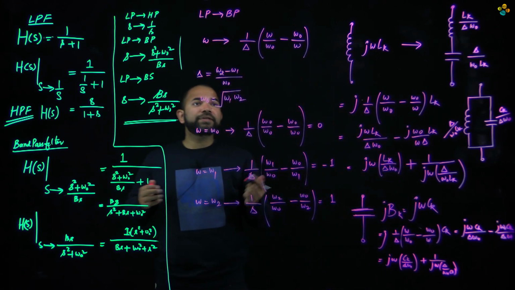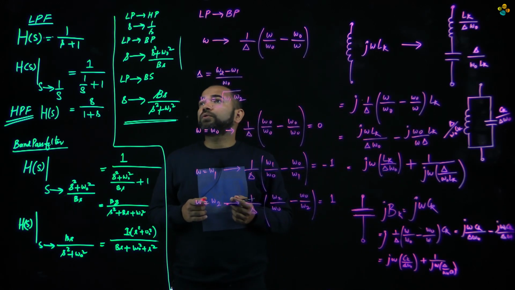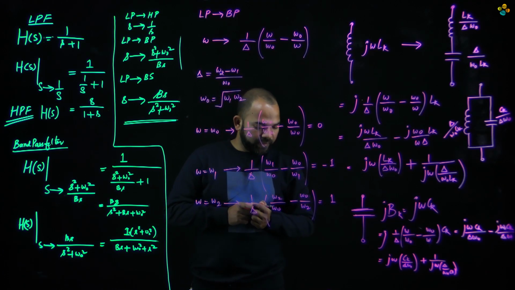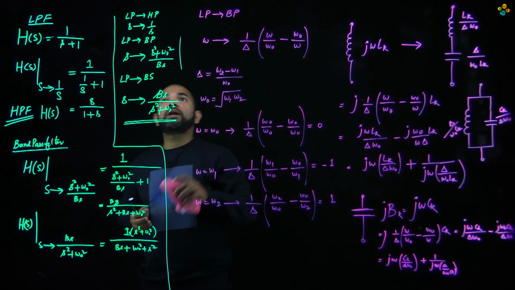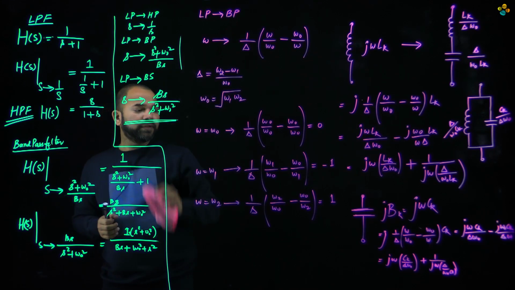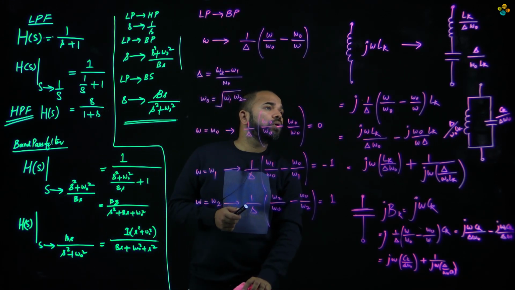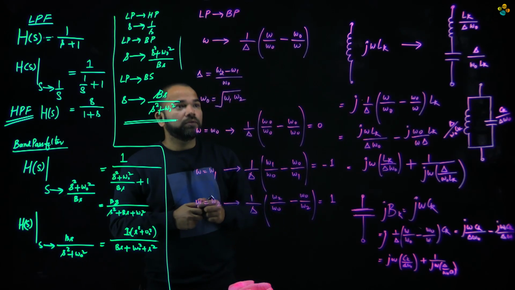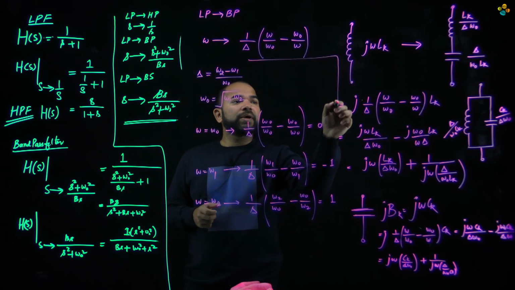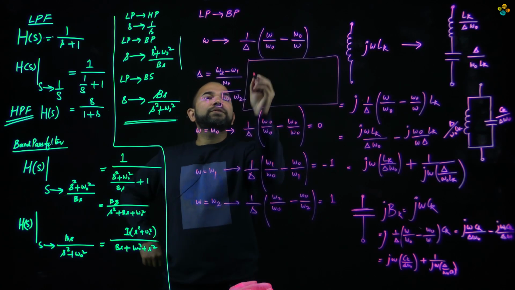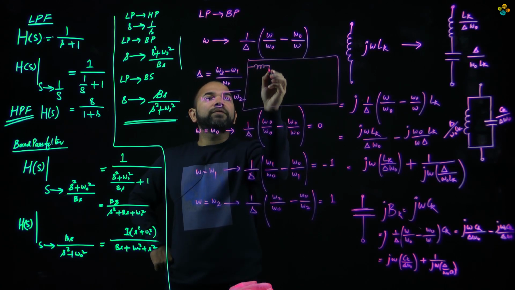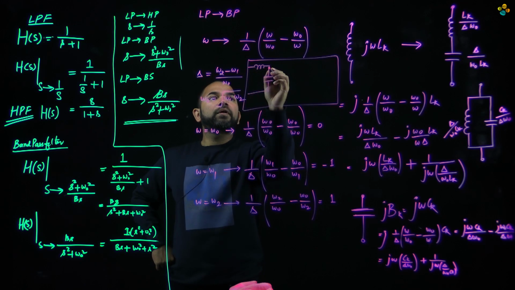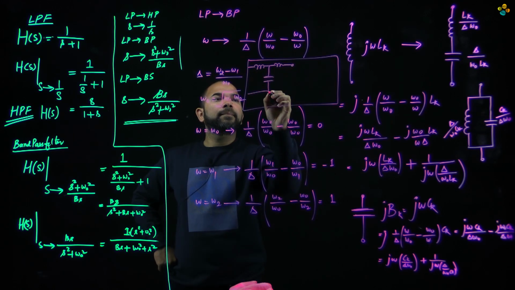Very simple. For example, I want to demonstrate how these filters look when we change a low pass filter to a band pass filter. So let's have some space here for a moment. Suppose you have a third order low pass filter like this.